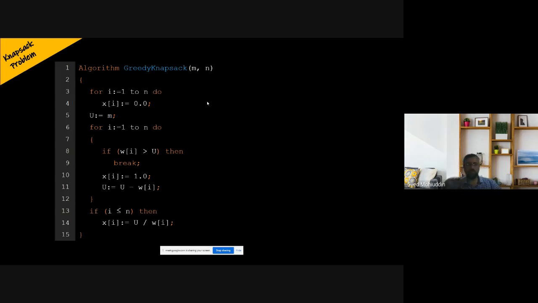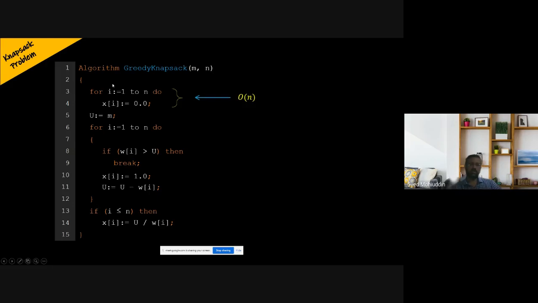So it is assumed that the array which contains the objects, their profits and their weights is already sorted in decreasing order based on the profit by weight ratio. So this is how greedy knapsack will work.